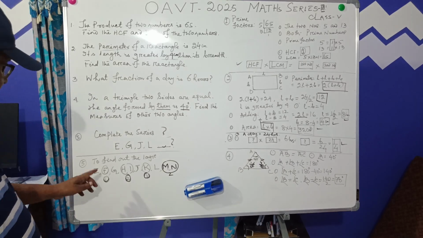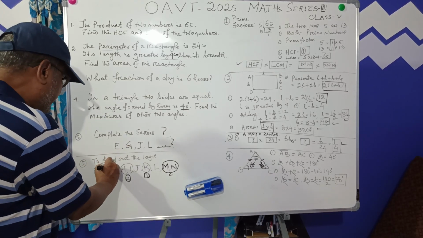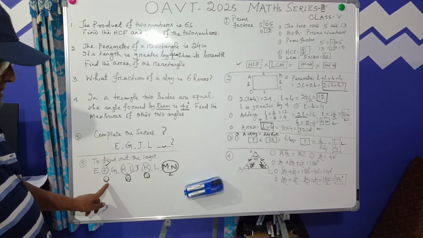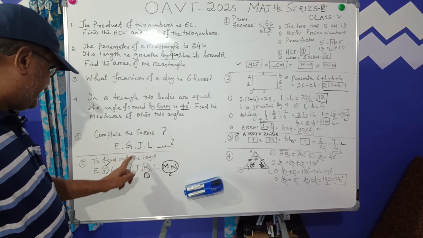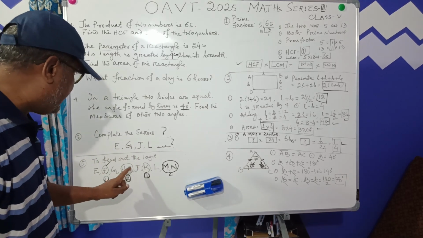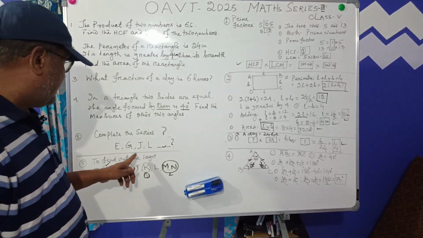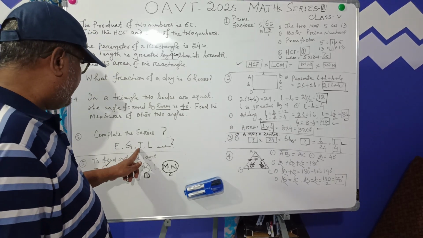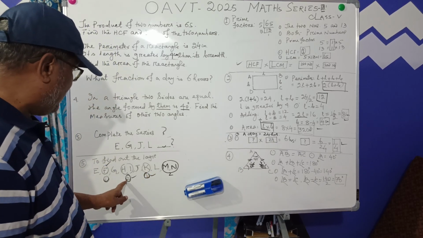Now you see, between E and G, F is deleted. One letter is deleted. Between G and J, two letters H and I are removed. Then between J and L, one letter is deleted. So the pattern is 1, 2, 1.